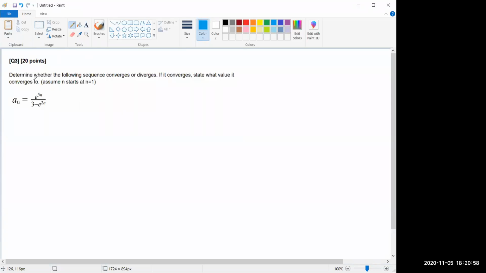Okay, so here's question 3. This says determine whether the following sequence converges or diverges. So again, remember the difference between sequence and series. For a sequence, you're not actually adding all the numbers. It's just a list of numbers. So this is just the formula for each number. Okay, so here we have a sequence where n starts at 1.